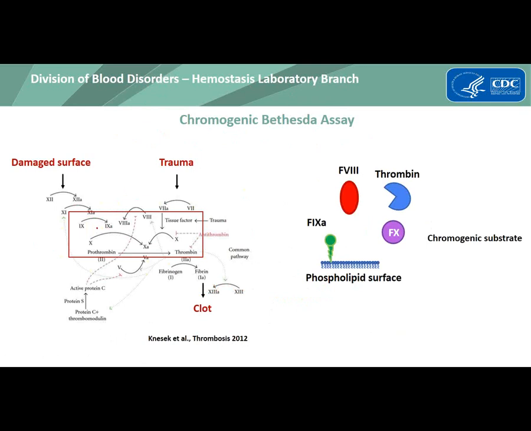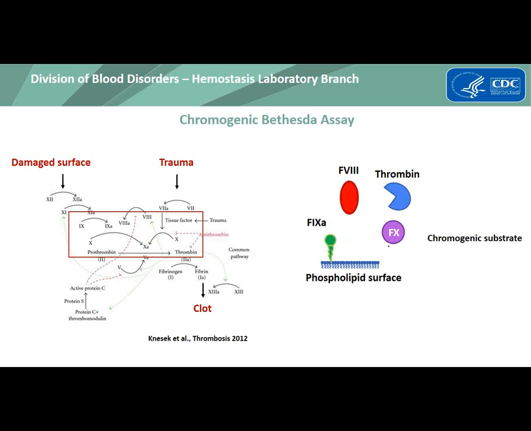So the important players in the assay are factor VIII, factor IX, and factor X, as shown here in this cartoon. Now, in this assay, the factors 9A, 10, and thrombin are derived from a cow. So these are bovine reagents. And that detail also becomes important a little bit later when we talk about emicizumab.